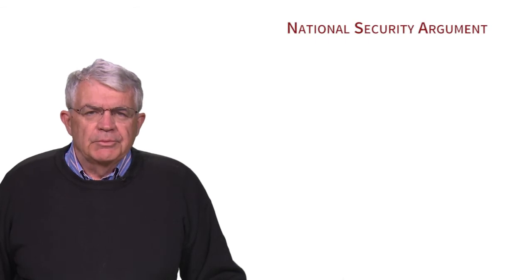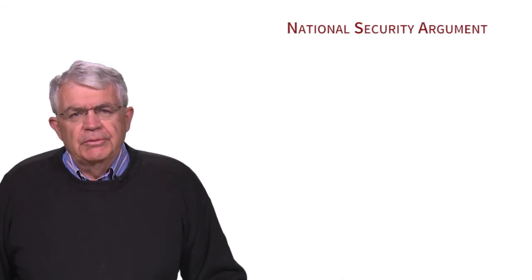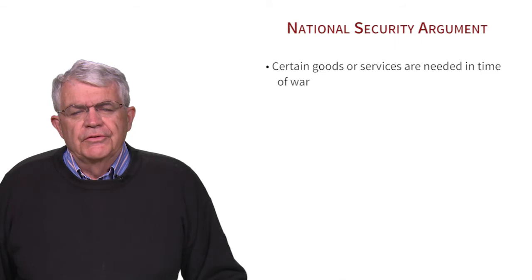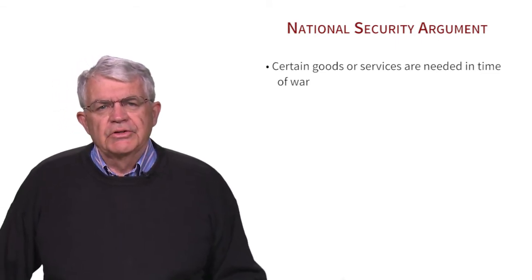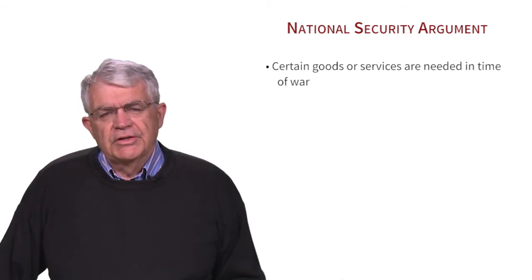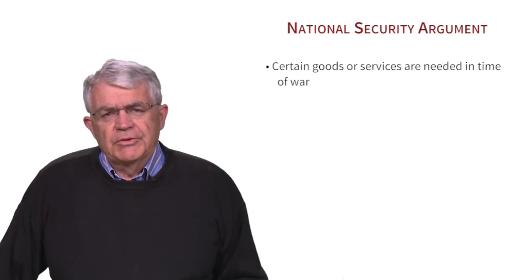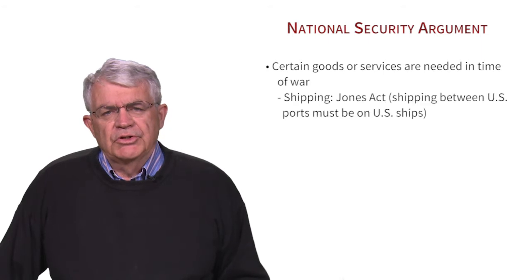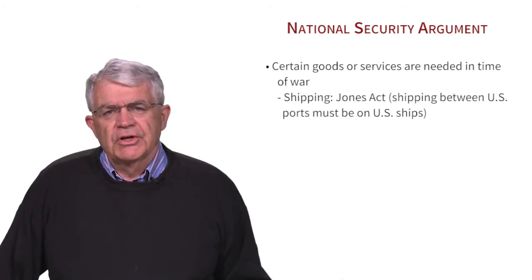Another argument is sometimes called the national security argument. It's that certain goods or services are needed in time of war, and so you can't let another country specialize in those if it means that the country in question, say the United States, isn't producing those. There are quite a few examples of this. One famous one is the so-called Jones Act, which says that shipping between U.S. ports, say from Los Angeles to San Francisco, must be done on American ships.